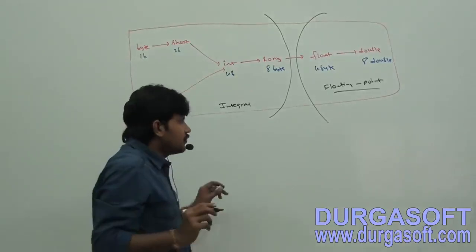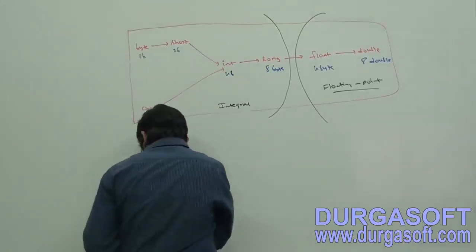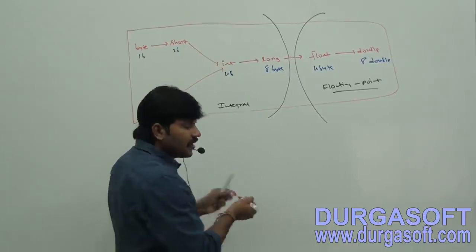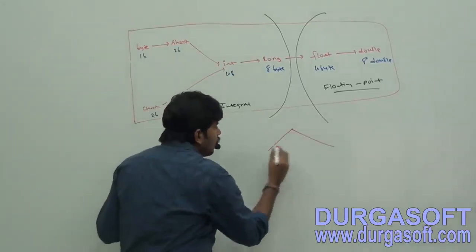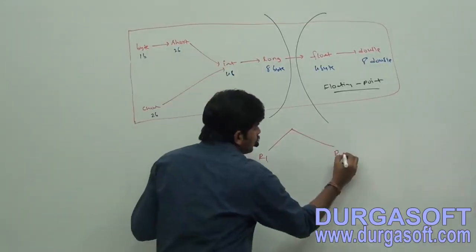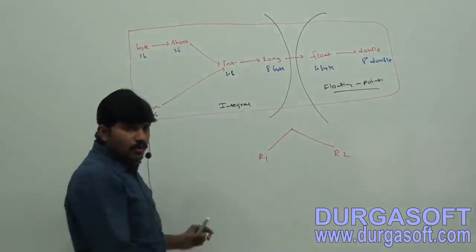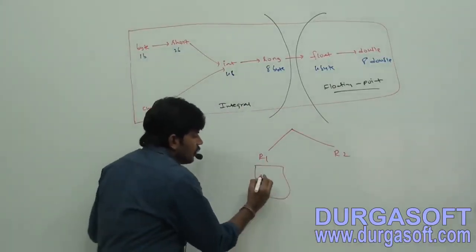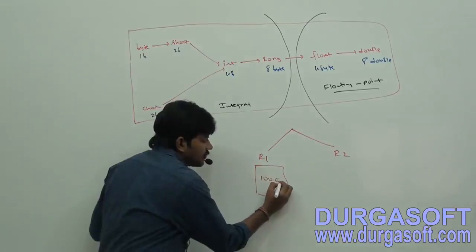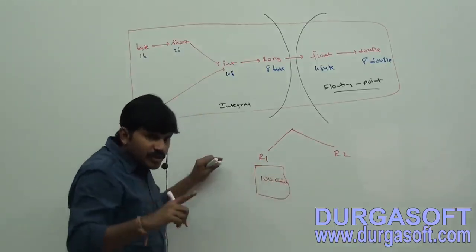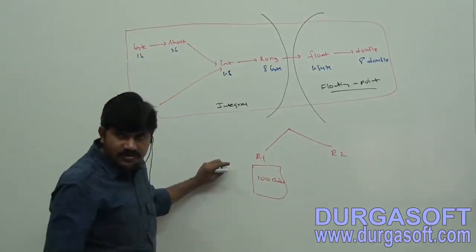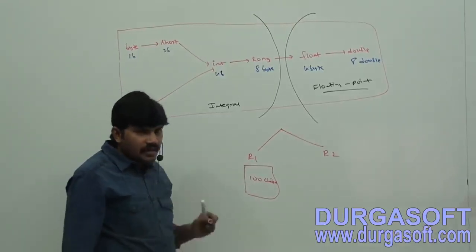Assume I have two classrooms, room 1 and room 2. In the first room, 100 chairs are there, and in every chair one member is allowed to sit. In the first room, how many chairs are there? 100.